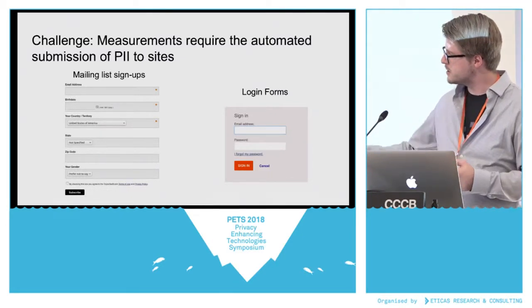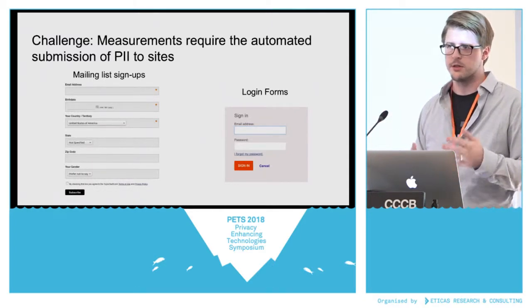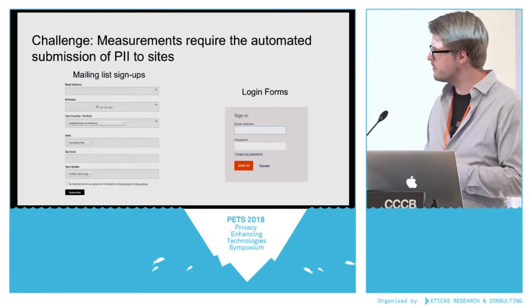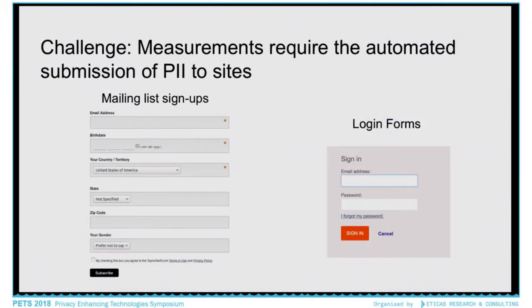And we were able to succeed with mailing lists more so than with registrations. Basically, it's because it's a largely constrained problem, right? It's a relatively constrained set of fields that you have to enter, like your email, maybe your address, maybe your phone number. It's usually just 1 or 2 pages. And so there's a lot of detail in the paper about how we achieved that, what heuristics we used. I won't go through all of that here.